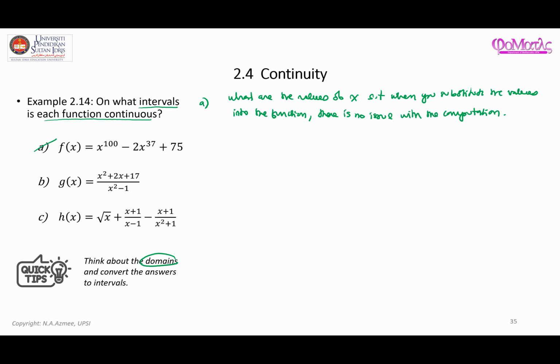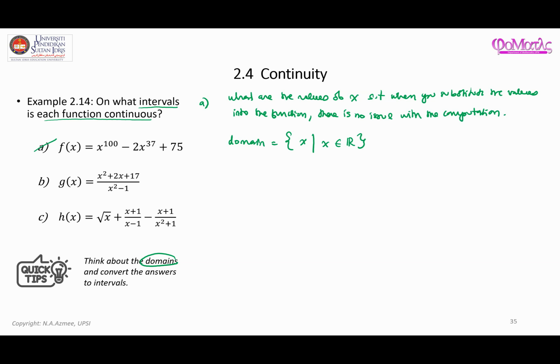For question A, since this is a polynomial function, if you substitute values from negative infinity to infinity, there will be no issue. Therefore, the domain of this function is all real numbers, which consist of any value from negative infinity to infinity.